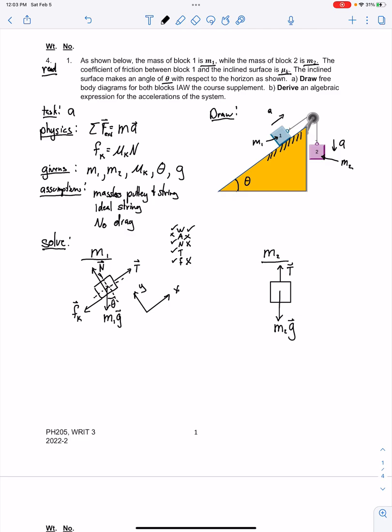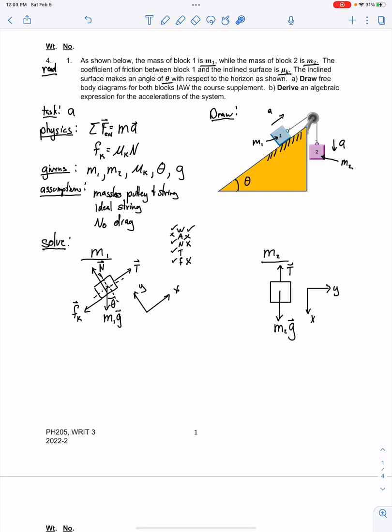Now we do the third step in drawing our free body diagram for mass 2. We point our axes in the direction of acceleration. For this object, we've picked down as the direction of acceleration. So here is our x-axis, here is our y-axis, and we've basically just taken our axes and brought them over our pulley and rotated them down.